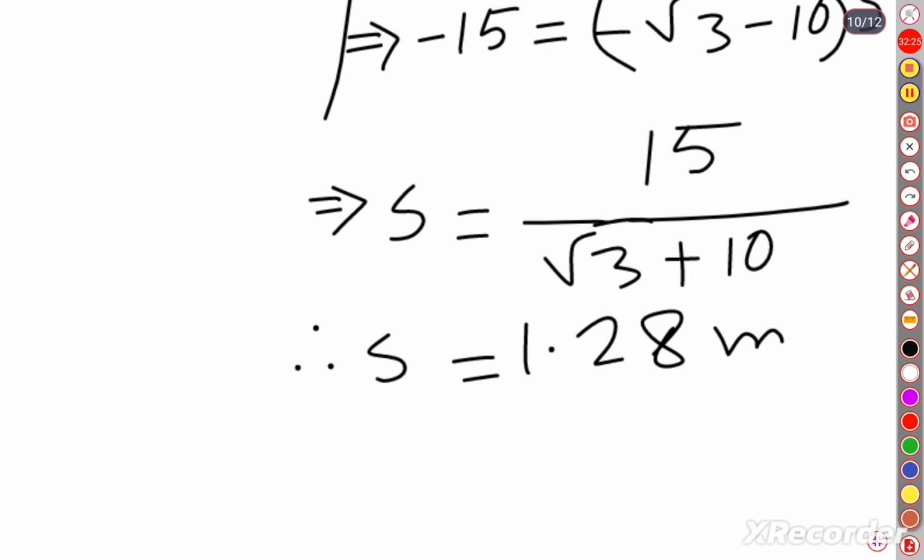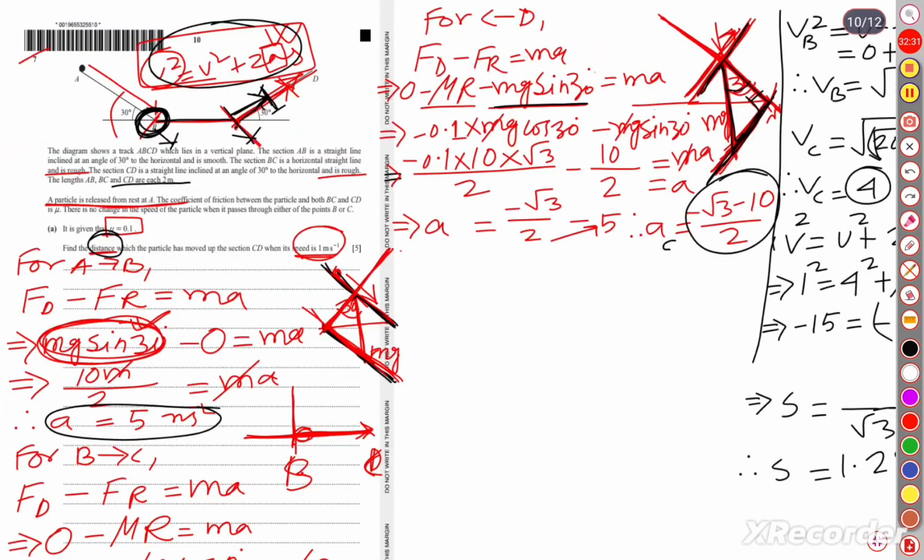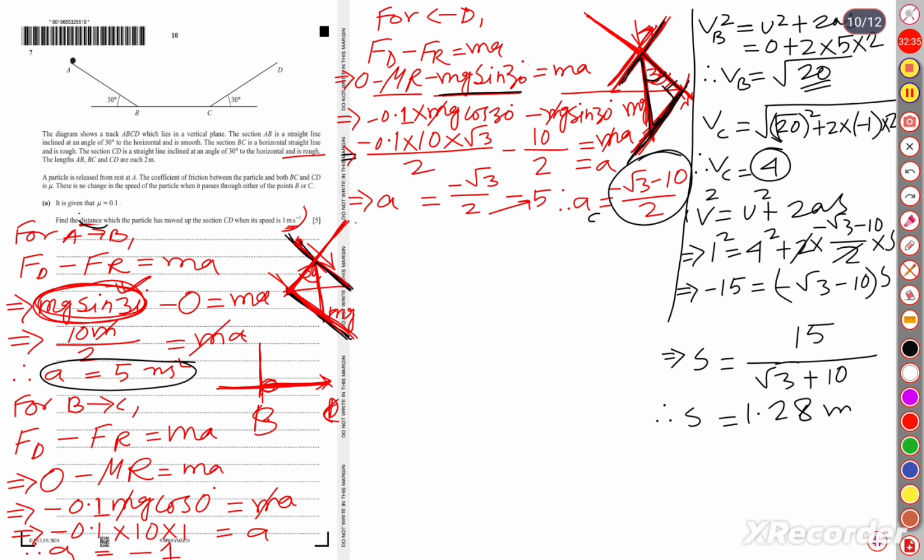So what have we learned? If I sum up this answer, look at this, according to the figure there are three surfaces AB, BC, and CD. Out of the three, the first surface is smooth, and the second and third surfaces are of the same length, but the last two surfaces are rough.